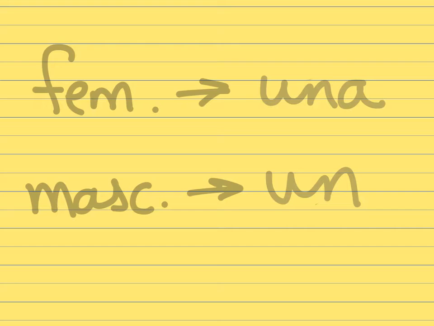So the gender, again, for indefinite articles can be feminine, it's going to be una, and masculine, it's going to be un. It's going to depend on the noun that they modify.